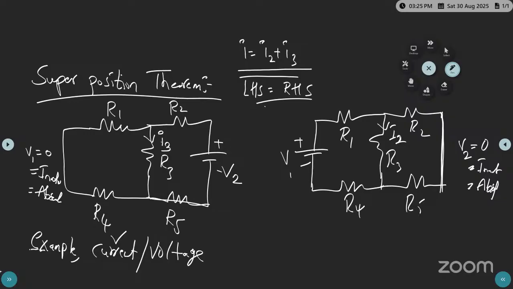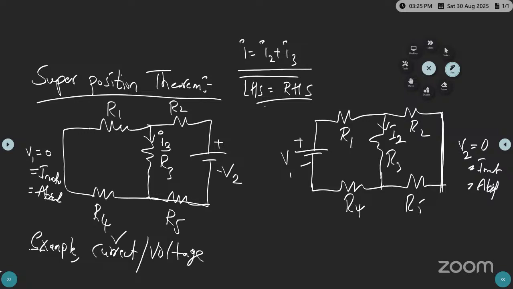For the given question, R3 current, that is I. RHS, use only one single source, V1. What about V2? 0. V2 is not available. What is the value now? I2 value. Keeping V2, what is the value? I3. What about V1? 0.